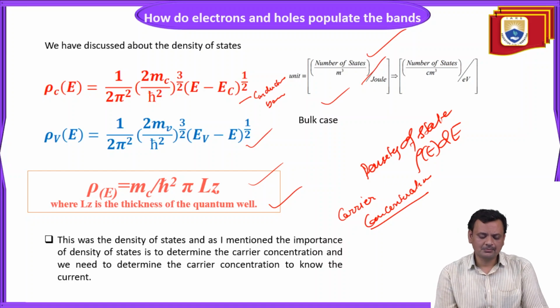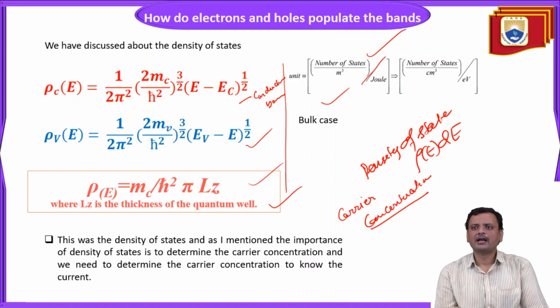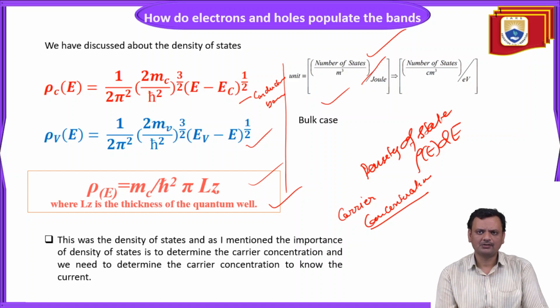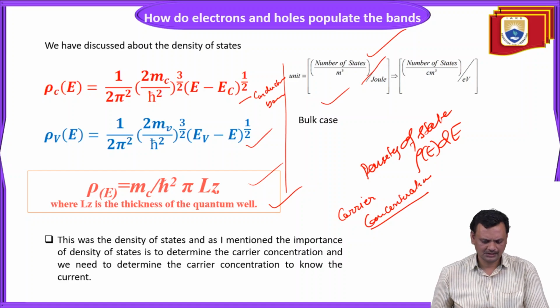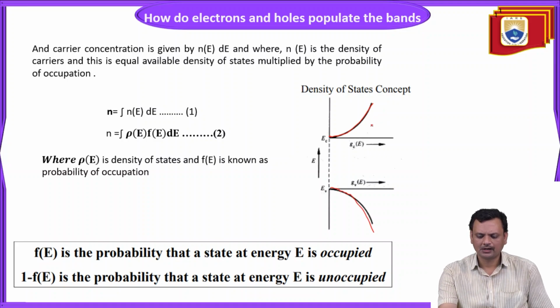With the help of the density of states formula, you can derive the expression for carrier concentration. So the density of states is an important quantity for determining the carrier concentration. And how will this density of states vary? It will vary parabolically in both the conduction band region as well as the valence band region.